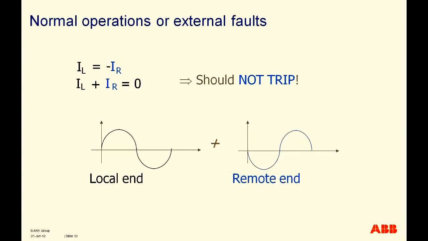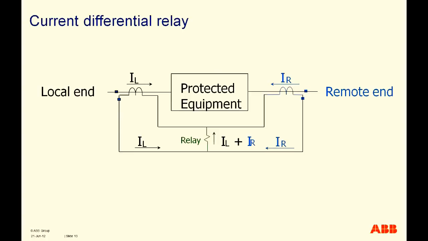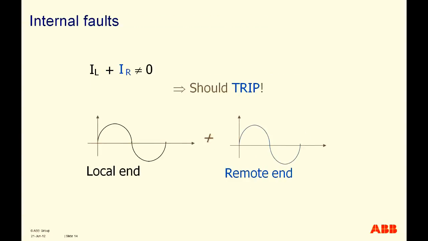But in the other case, if the fault is internal, like the figure shown here, somewhere between these two CTs, then the algebraic or vectorial sum of both IL and IR will flow through the operating coil of the relay, and the relay will operate. So there will be a trip. You can see the local end current oscillograph and the remote end oscillograph are both the same, so they will add up and not be equal to 0.